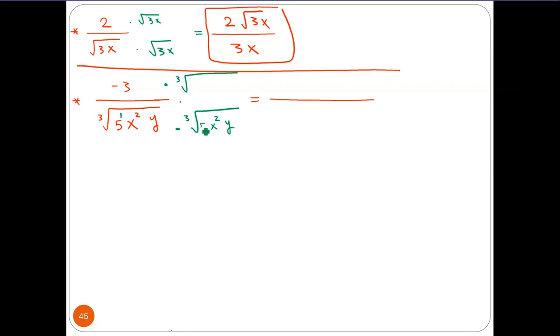Why? The sum of exponent must be equal what? 3. Must be equal 3.